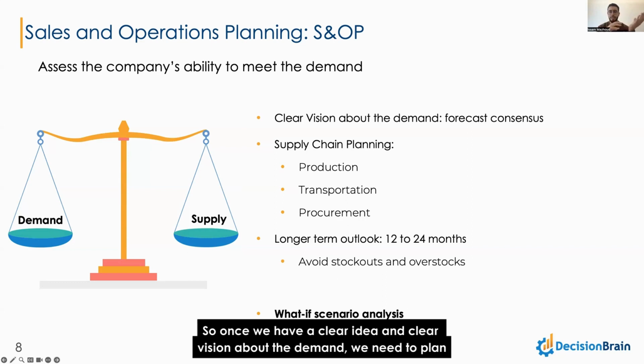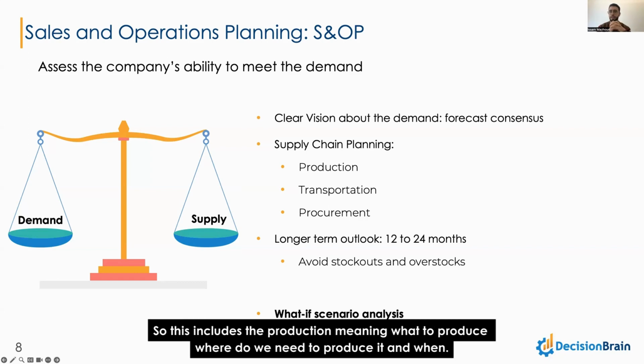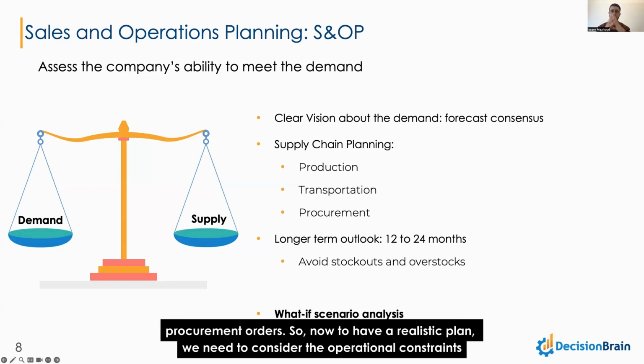So once we have a clear vision about the demand, we need to plan the supply accordingly to avoid stockouts and overstocks. This includes the production, meaning what to produce, where do we need to produce and when. But also we need to consider other aspects like transportation between warehouses and procurement orders.